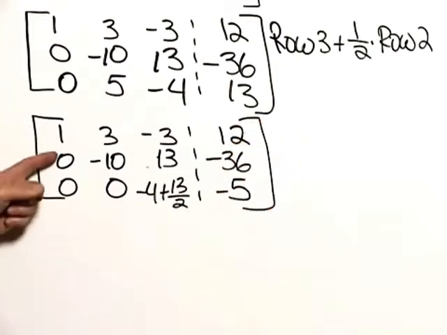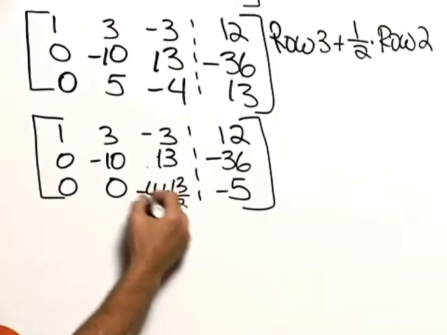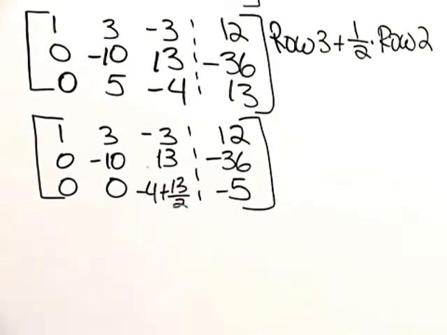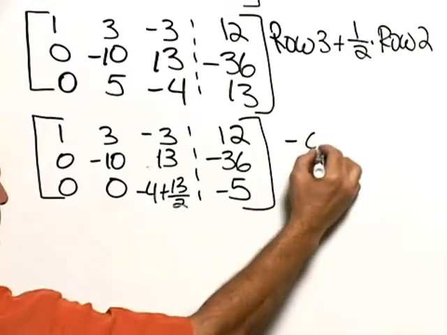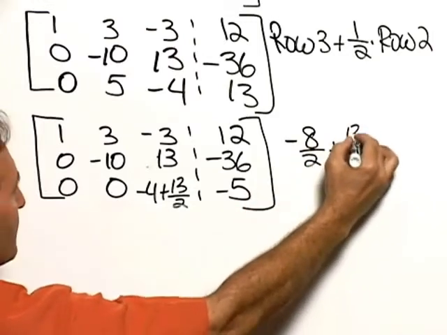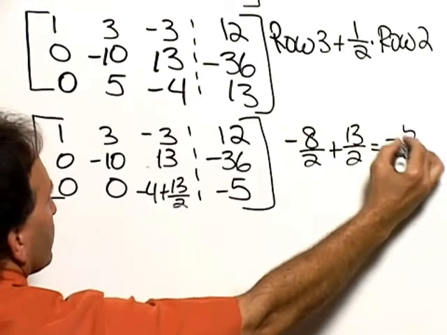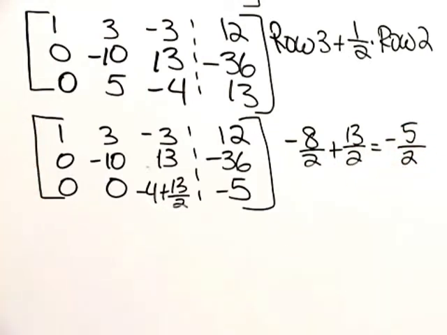So now we have zeros in the positions that we want. The only thing I'd like to do is simplify this part. This would be -8 over 2 plus 13 over 2 gives me 5 over 2. Positive 5 over 2.